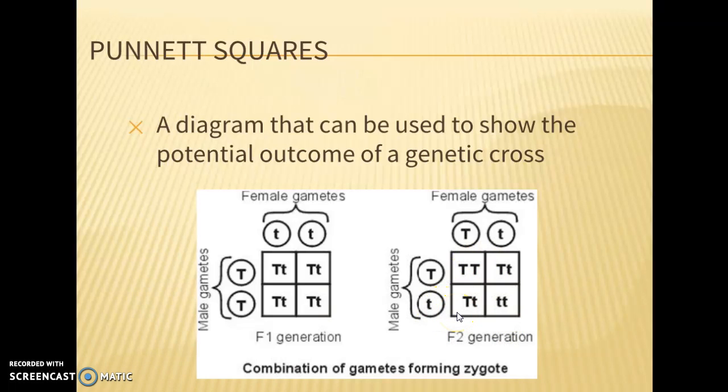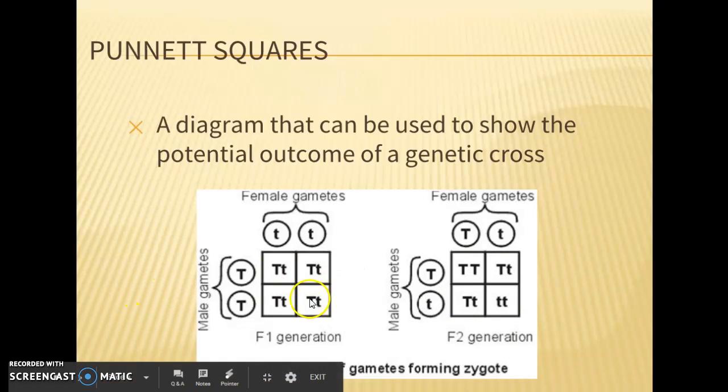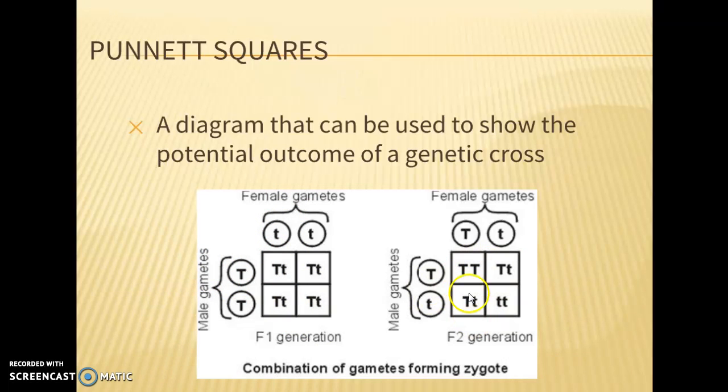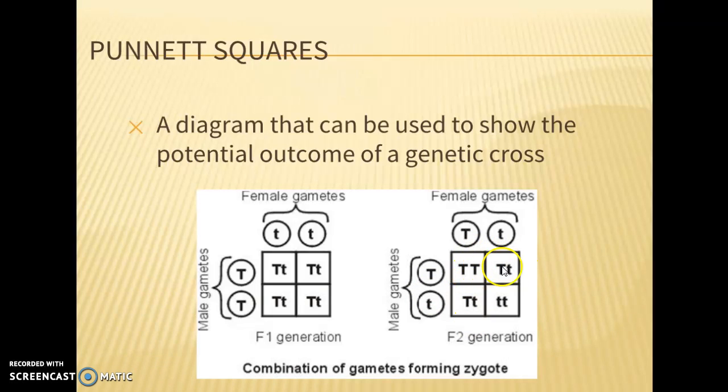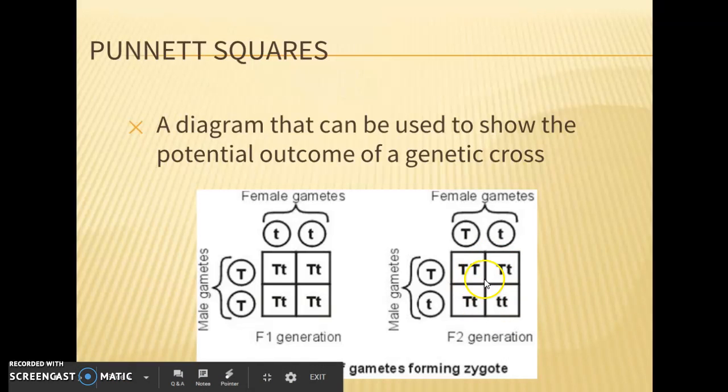Now, once again, if we look at this, this is just probability. This is not telling you that if they had 4 individual plants, this is exactly what it's going to be. You're not going to have 3 of 4 complete organisms. If we're looking at plants and we can say this is tall and the little t is short, that all 3 would be tall and 1 would be short.